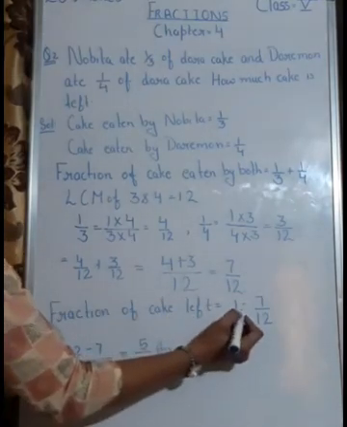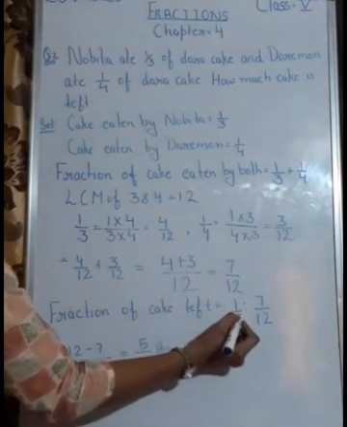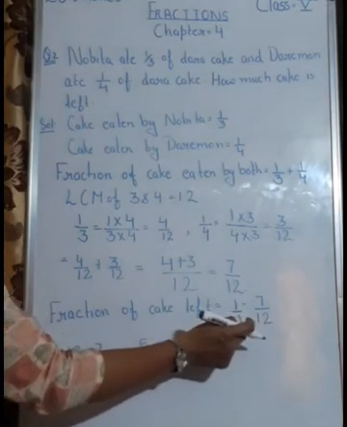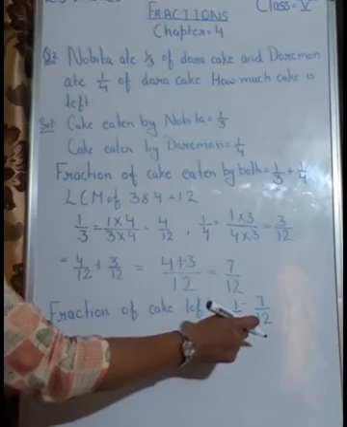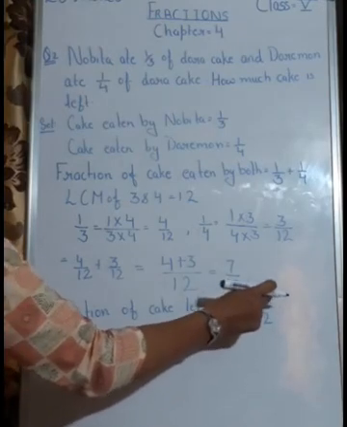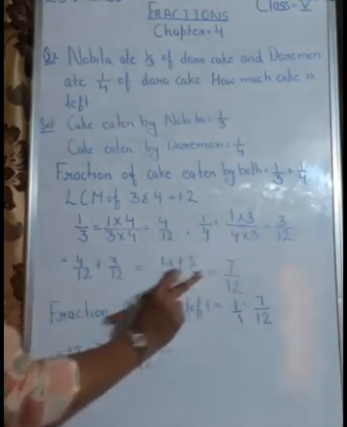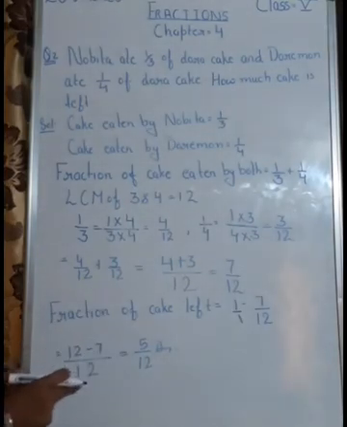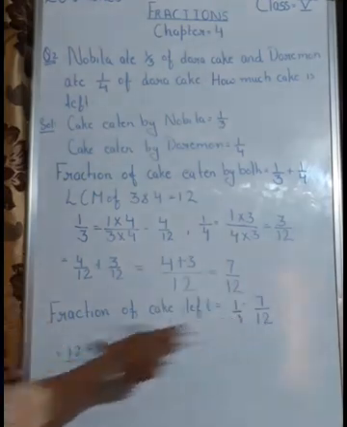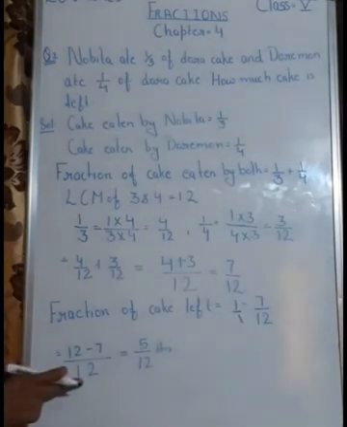Now you can see there is no number below 1, so we will consider a 1 over here. You have to take the LCM of 12 and 1. What will your LCM be? It's going to be 12 only, and then you have to solve it the same as I have solved this one. I have not solved it here, I have just directly written 12 minus 7 upon 12.